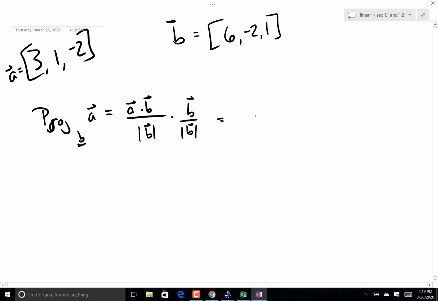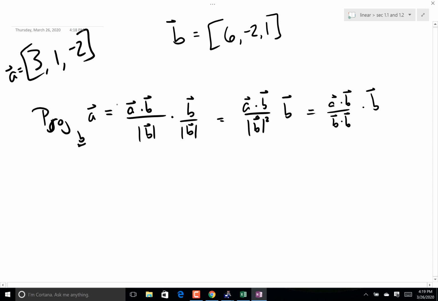Again, I think it's easier if you write it this way. I just think it's easier, but you do you. Or if you prefer, you can rewrite this as B dot B, which is really what you're doing when you're finding the magnitude squared, right?